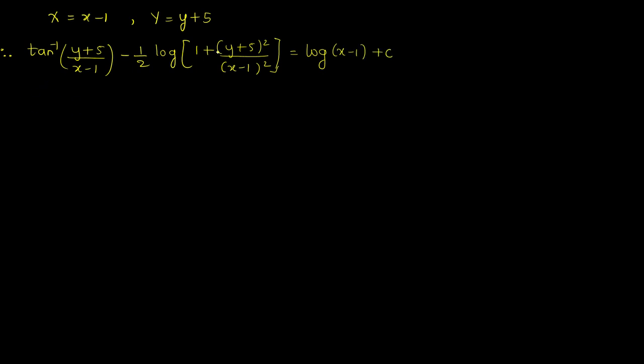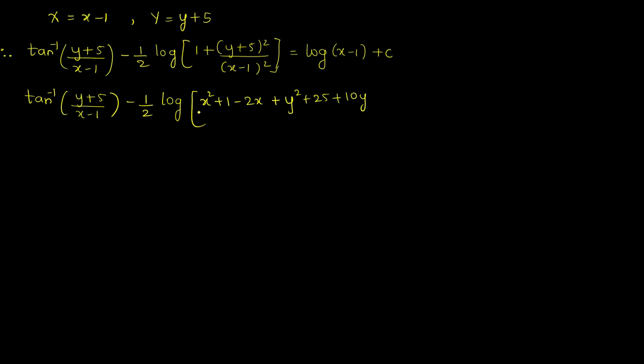Now this needs to be simplified. So if you simplify this, we get tan inverse of y plus 5 by x minus 1 minus 1 over 2 as it is log of, when simplified, x minus 1 whole square will be x square plus 1 minus 2x, and y plus 5 whole square is in the form of a plus b whole square, that is y square plus 25 plus 10y, whole divided by x minus 1 whole square, equal to log of x minus 1 plus c.